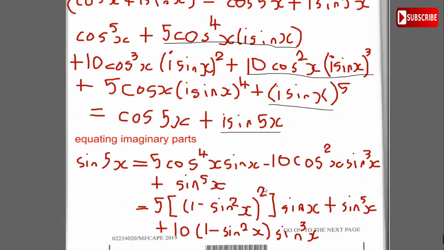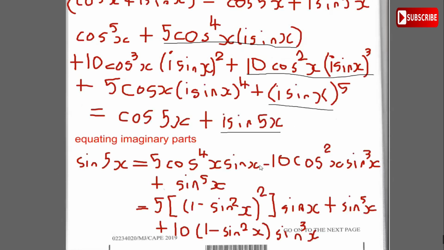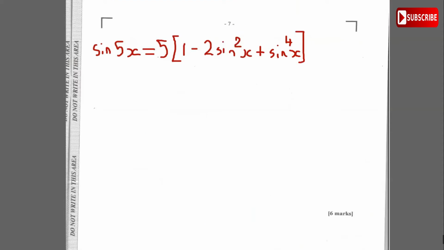First term squared is 1, minus twice the product of the two. This shouldn't be 4, this should be 2. Plus the second term squared. Now sine squared squared will give us sine to the 4 of x. So we get that when we expand the square. And remember, this is now being multiplied by sine x. We can just put the sine x here.